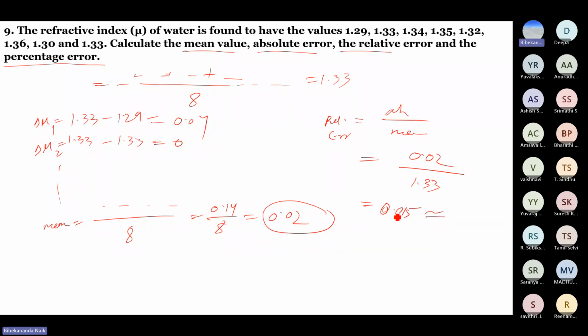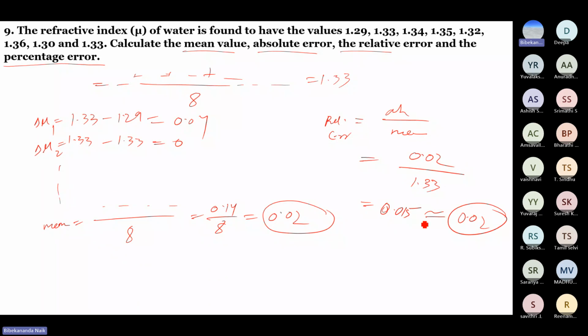Since all the readings are given with 2 digits after the decimal point, here you can approximate it to 0.02. So 0.02 will be the relative error.